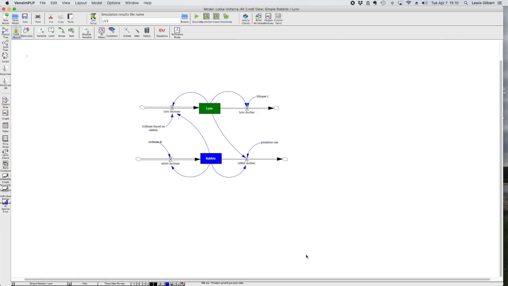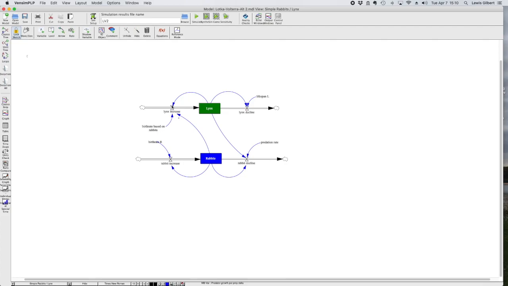Right, so here we are at the screen. This is our familiar, hopefully familiar, maybe not well remembered, but this is basically the model we looked at way back in week number 4, I think it was, that shows a model that has a predator, lynx in this case, and a prey, rabbits, and the populations of those two are related to each other.